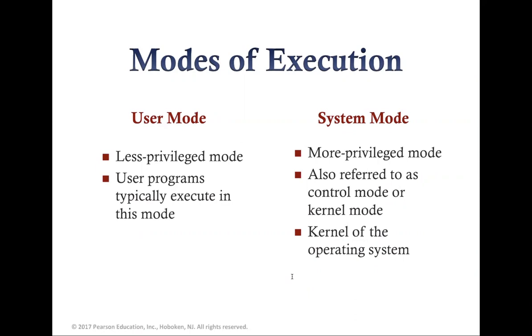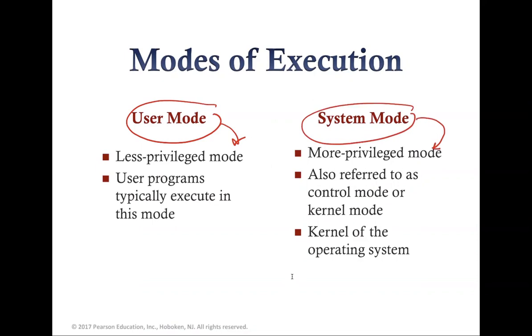Certain instructions can only be executed in less privileged mode or in more privileged mode. The user mode is the less privileged mode, while the system mode is the more privileged mode. If the processor is running in user mode, it is executing less privileged instructions, while in system mode, it is executing more privileged instructions.